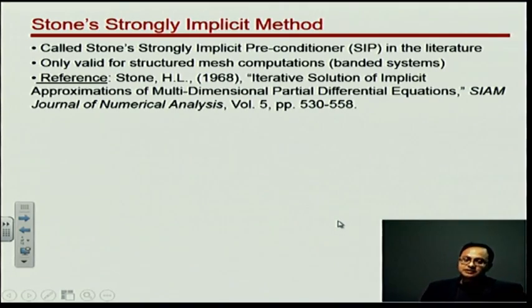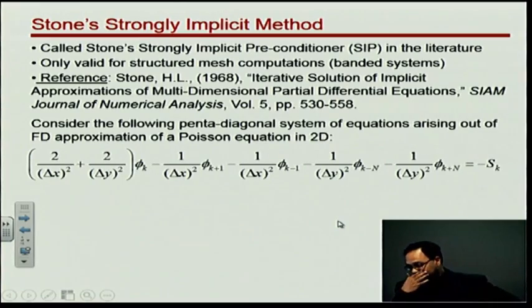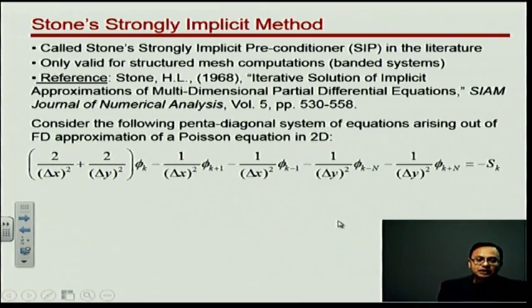Of course, this is applicable to 3D also, except that the math gets a little more complicated, but the same ideas hold. We will focus on what we get out of, let's say, a Poisson equation. So we are trying to solve del square phi equal to S phi.